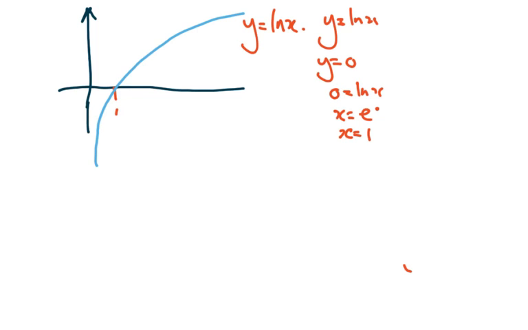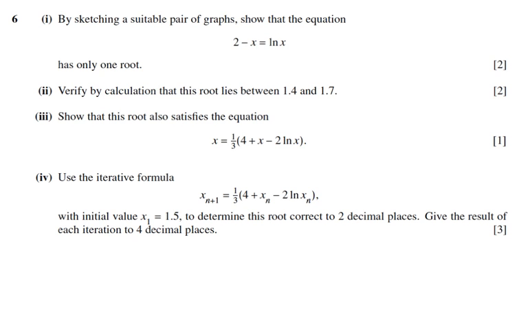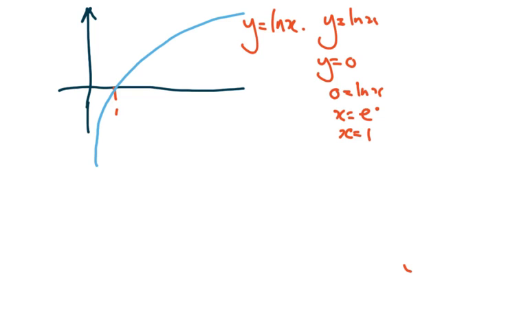So that's what the ln graph looks like, y equals ln x. And then your next graph, if you look at it, it says 2 minus x and ln x. When they are equal, meaning meeting, that is the point of intersection, POI. So 2 minus x, that's a year 9 skill, so everybody should know. It's a line that cuts at 2 and also 2 over here.